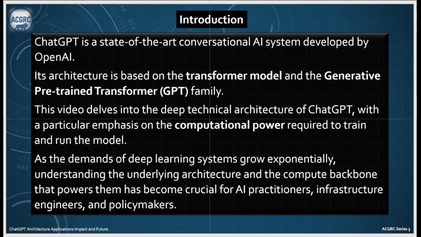As the demand for deep learning systems grows exponentially, understanding the underlying architecture and the compute backbone that powers them has become crucial for AI practitioners, infrastructure engineers, and policymakers.